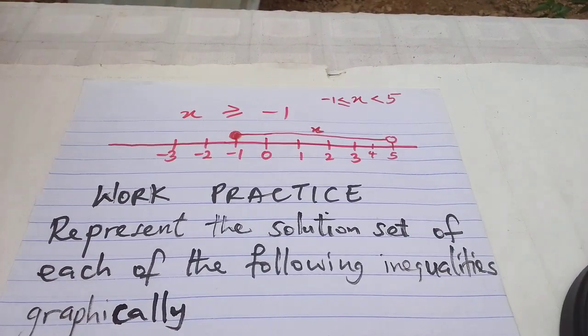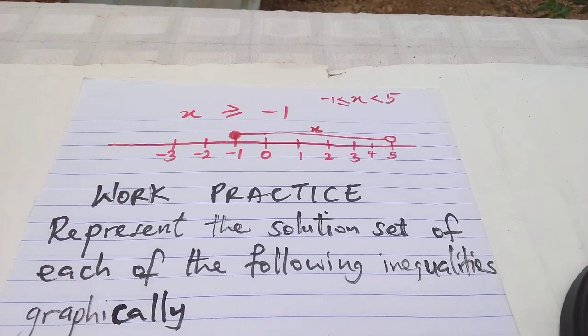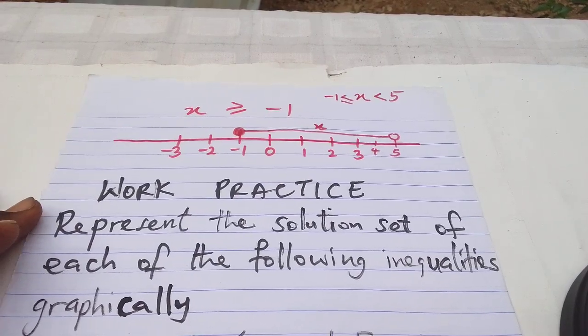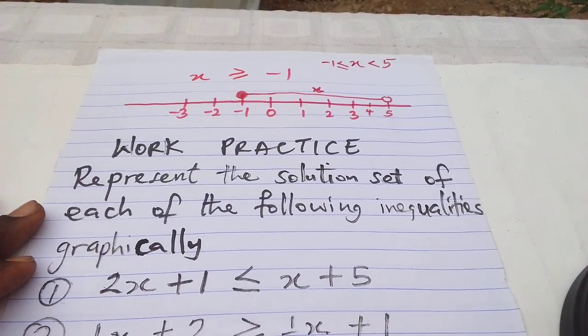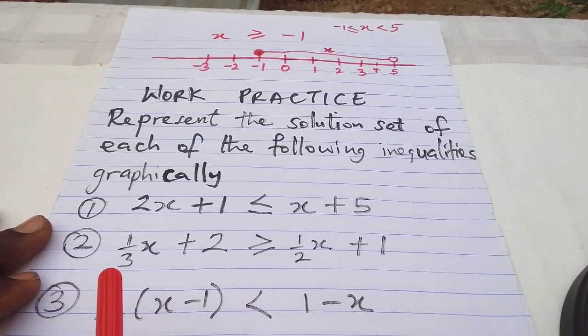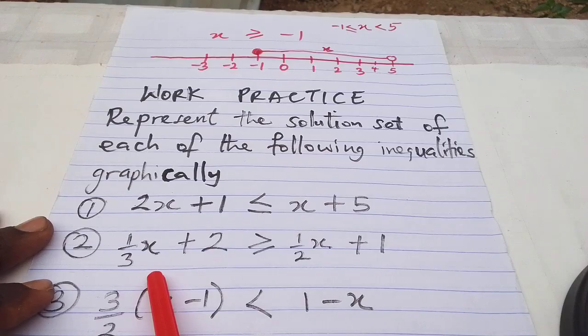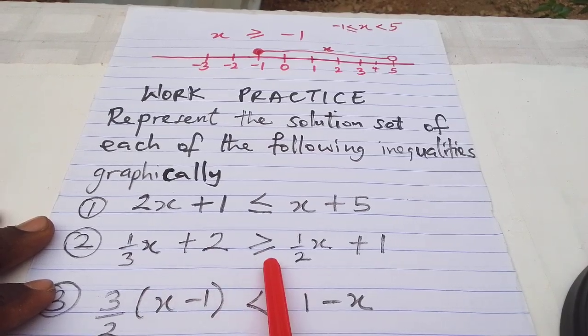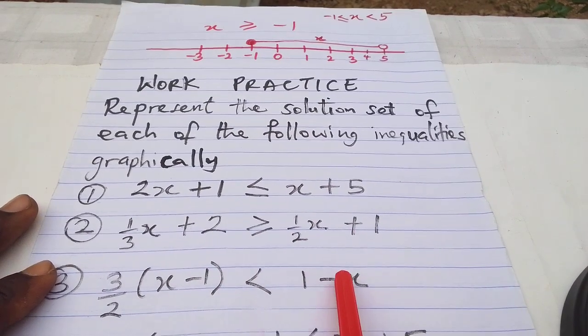So for the work practice, represent the solution set of each of the following inequalities graphically. Number 1: 2x plus 1 less than x plus 5. Number 2: 1 over 3 x plus 2 greater than 1 over 2 x plus 1.